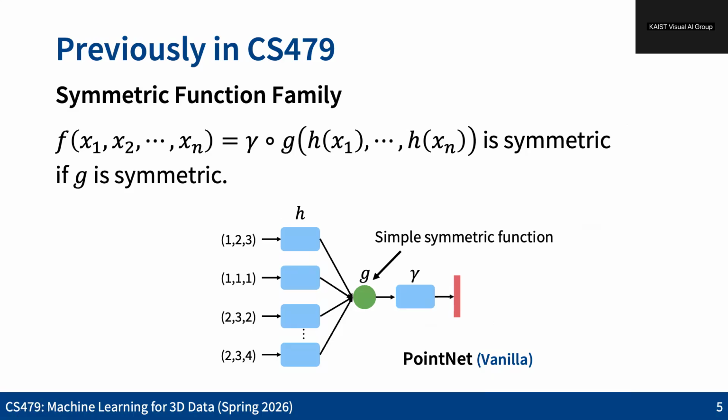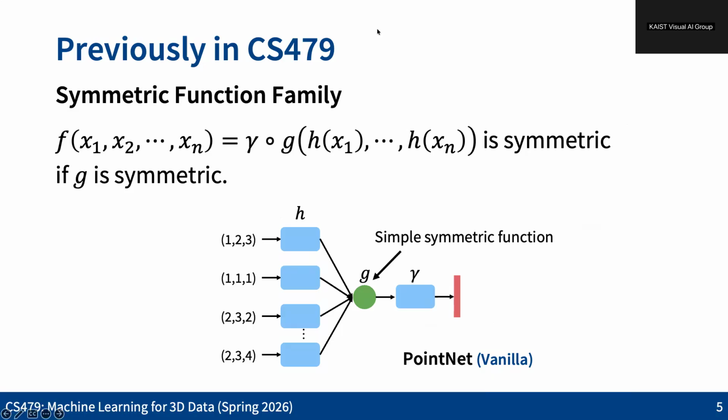So this was one specific way that we compose functions to make another symmetric function. When g is a symmetric function, by having another function h and gamma here, we can compose those functions in this way to make another symmetric function. So this was basically the basic module in PointNet.